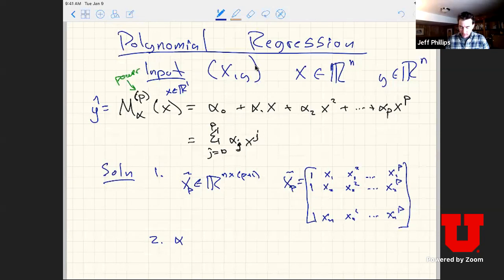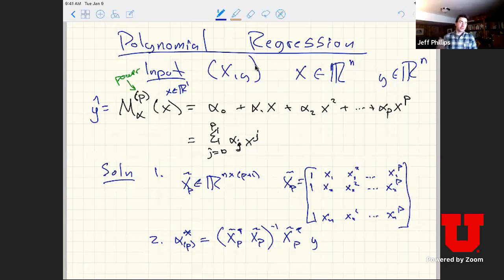I just do alpha star, the version p, which is x sub p tilde transpose x sub p tilde, inverse, times x sub p tilde transpose y. Okay, so the solution is basically as simple as before.